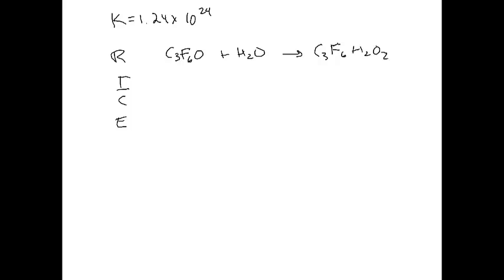Big K means my products are very much favored by this reaction. If I start with this, the reaction is going to go almost all the way to the products. So don't expect all of your initial concentrations to be 0.5 and 0.32.